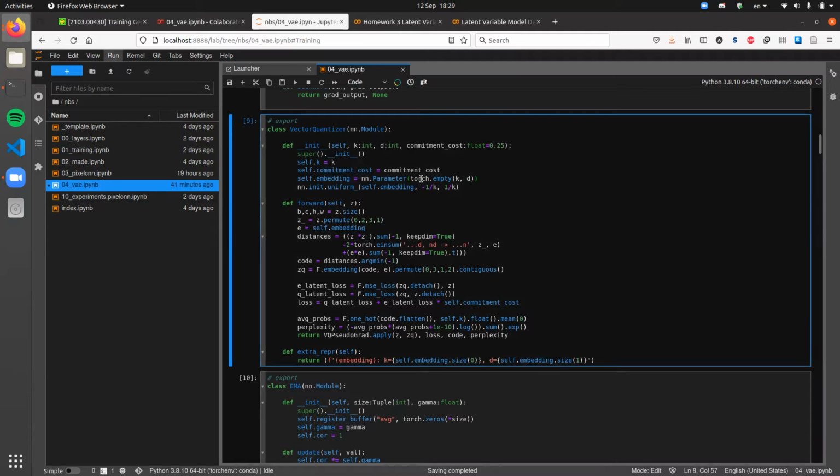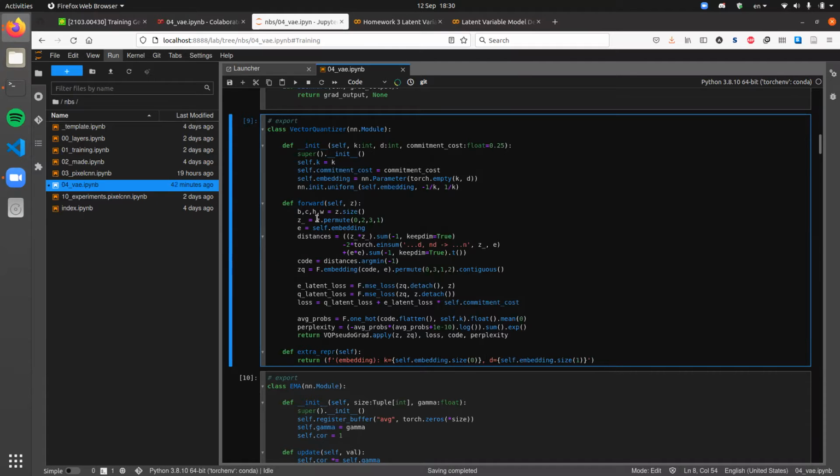It is basically a matrix of dimensions k by d, where k is the size of our codebook and d is the dimension of a latent variable, how large our z vector is. And k is the main data compression characteristic. We can discuss that in more detail once we're done with the implementation.